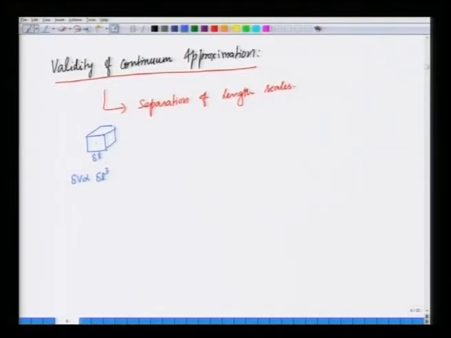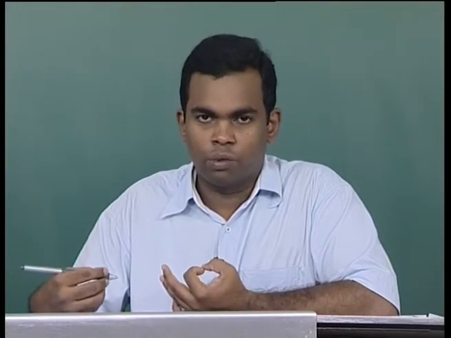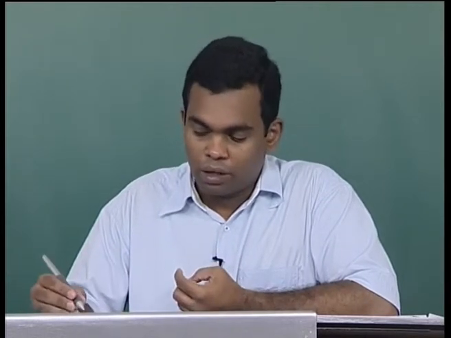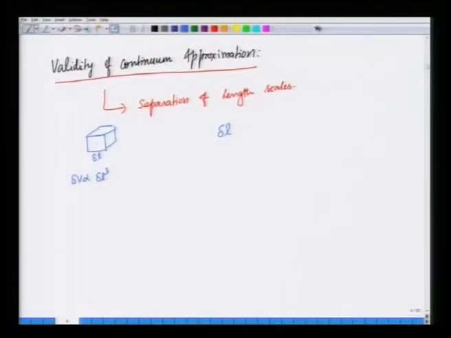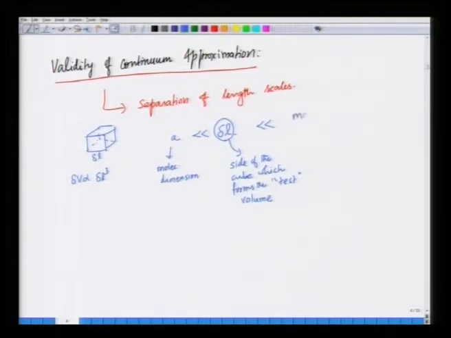Then the continuum approximation, wherein you can define physical properties pointwise, is valid when delta L, the side of this cube which makes the test volume, is large compared to the molecular dimension, the molecular diameter. And this delta L must also be small compared to macroscopic lengths, for example, the pipe diameter in our illustration. So, this is when the continuum approximation is valid.